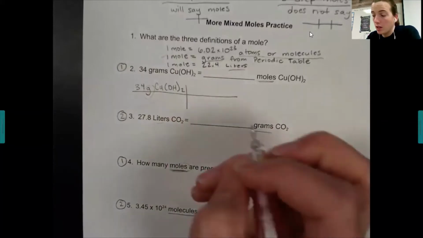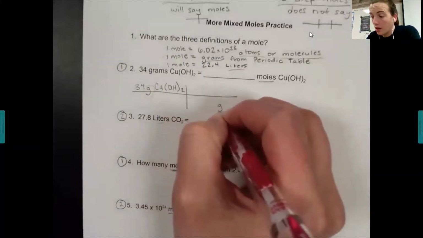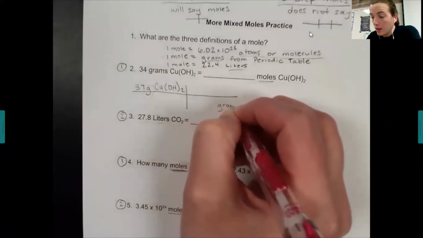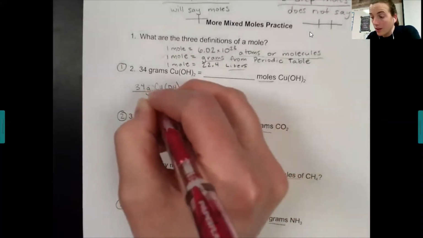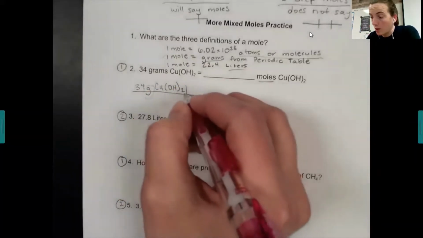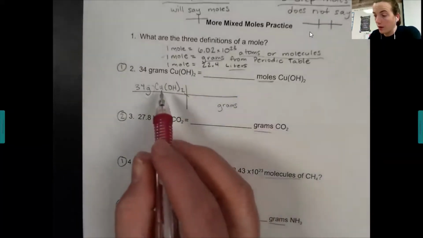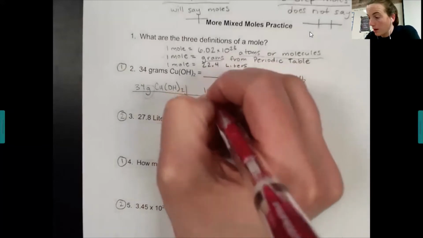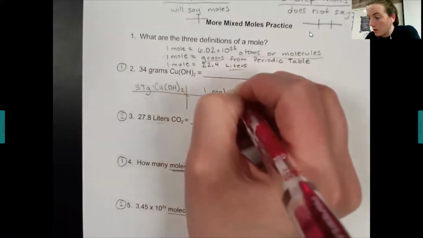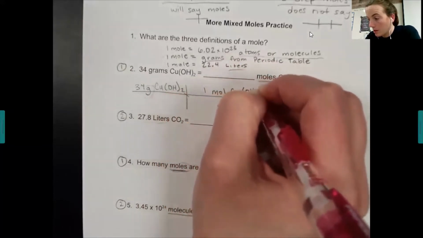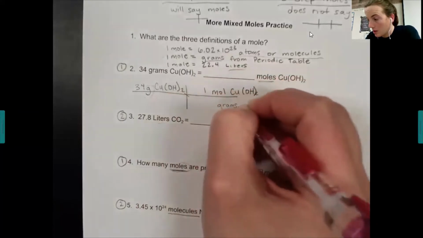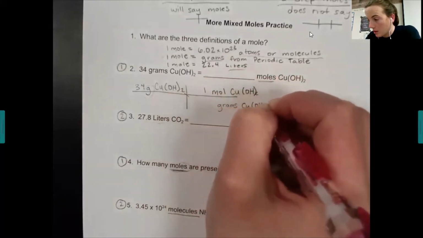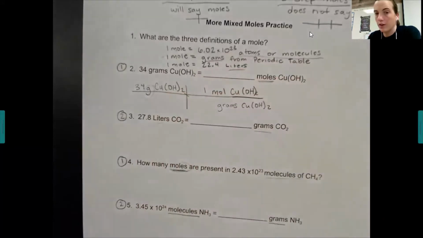The answer to that question is always on bottom if it's on top of this track, because we want them to be diagonal. So if we have grams here, then grams goes on bottom here, which means I'm going to have 1 mole on top. There we go, finish writing out my units.